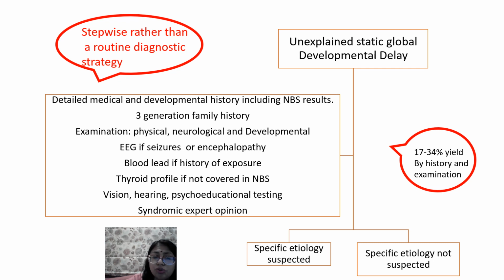Then one should also know the status of the vision, hearing and psychological educational testing. And if the faces are syndromic, we need to take an expert opinion about it. After all this workup, perhaps we'll have some specific etiology which is suspected, or we may not be able to suspect any specific etiology.